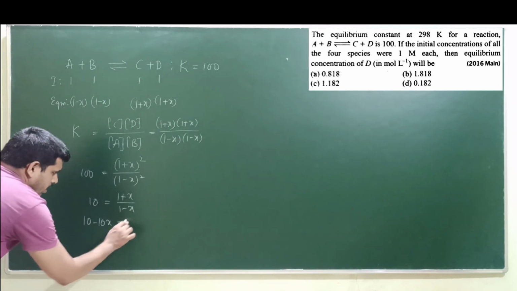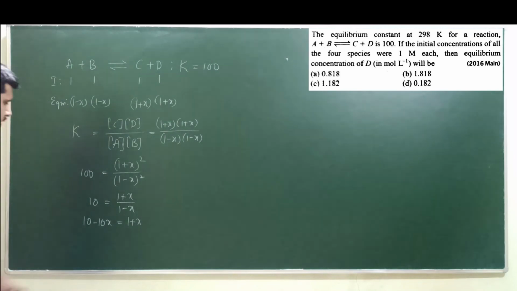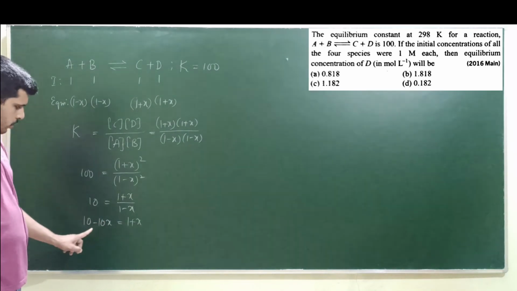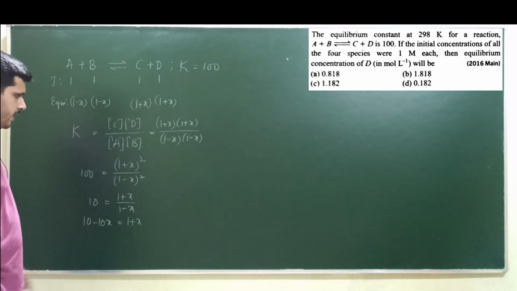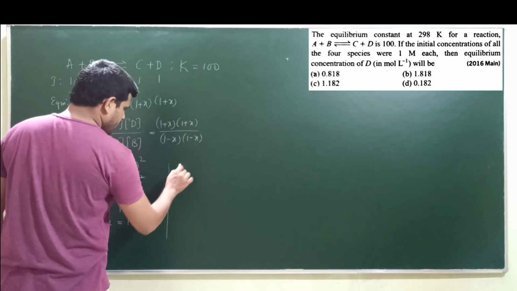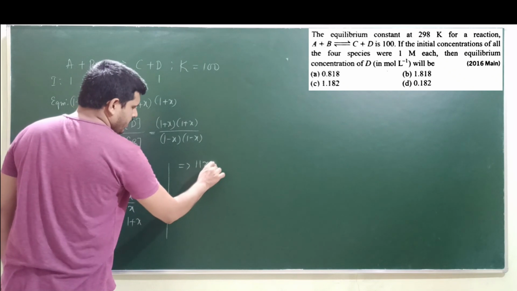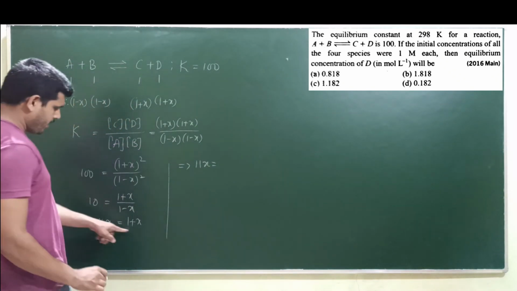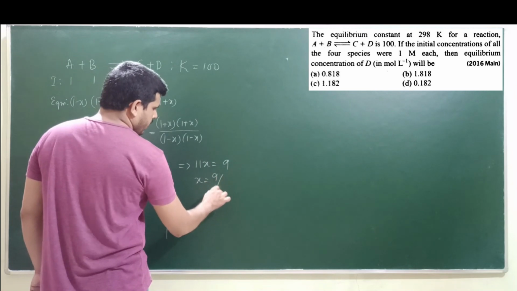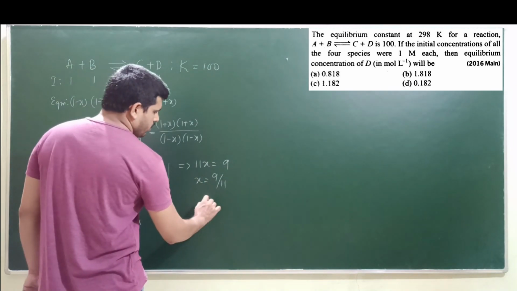What about this? 1 plus X, isn't it? So I'll bring 10x to the other side. This will become 11x equal to 10 minus 1, which is 9. Fine, no? So this implies 11x equal to 9. So x equal to 9 by 11.